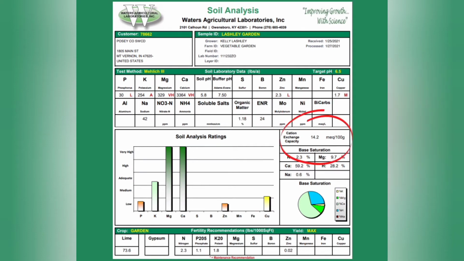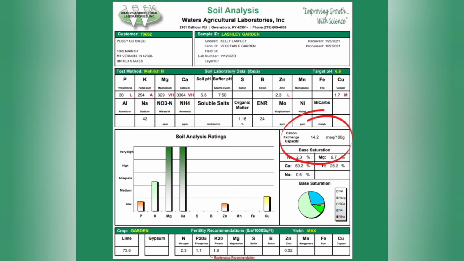So on the right in the middle, it says cation exchange capacity, and that's 14.2. So the cation exchange capacity is the soil's ability to retain nutrients. And 14.2 is in the acceptable range. It is a little low.